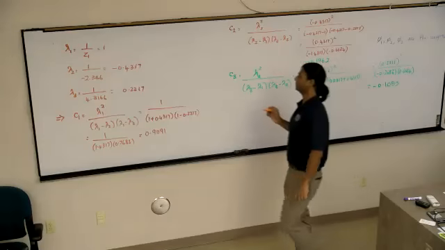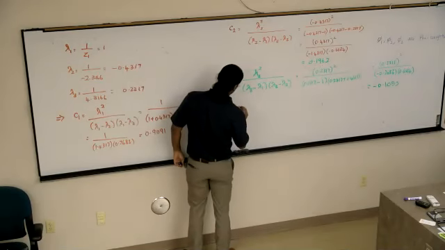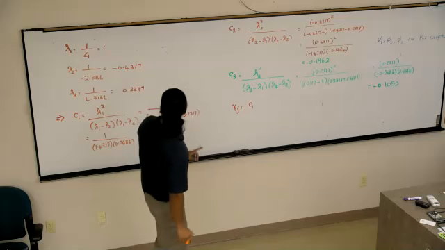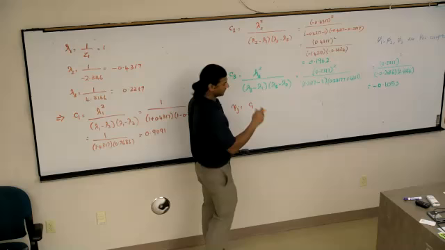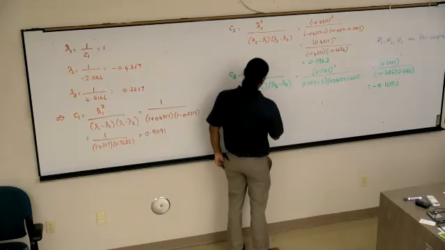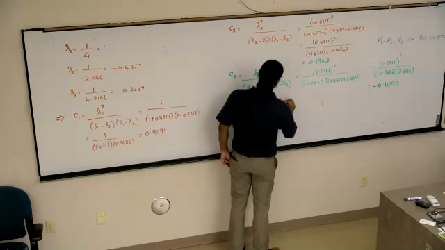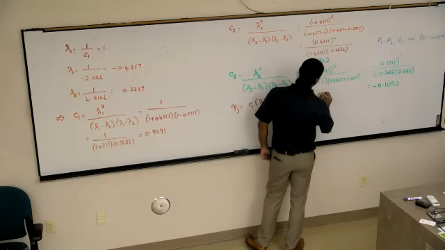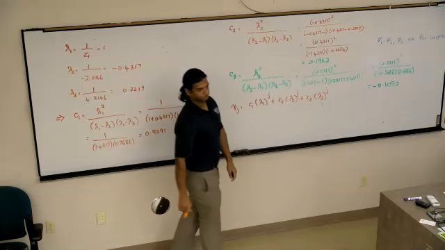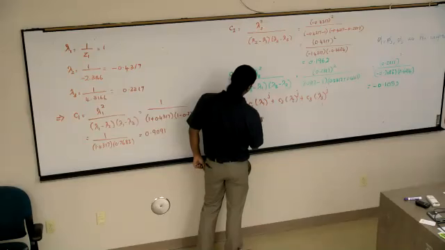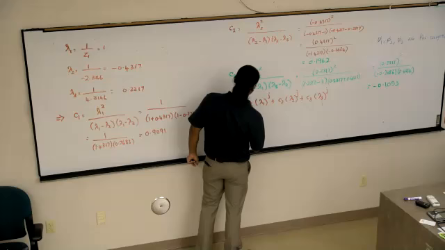Since we found C1, C2, and C3, we can write psi for any j, right? So psi j would be C1 multiplied by lambda 1 raised j, C2 multiplied by lambda 2 raised j, C3 multiplied by lambda 3 raised j. C1 is 0.9091.